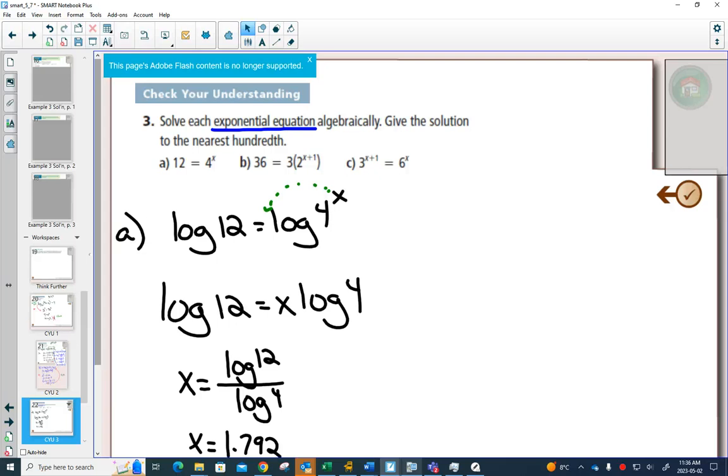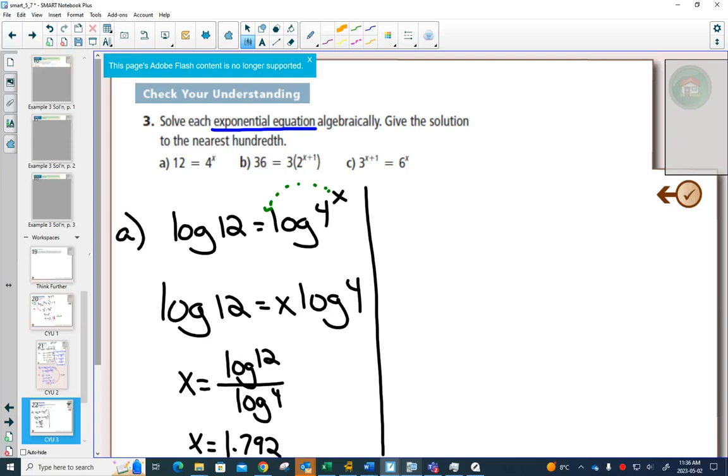So that's part A. Now, you're going to have exponential equations, take the log of both sides as your main strategy. You're going to have that in your head. However, sometimes you can do some simplification first that will make your life easier.